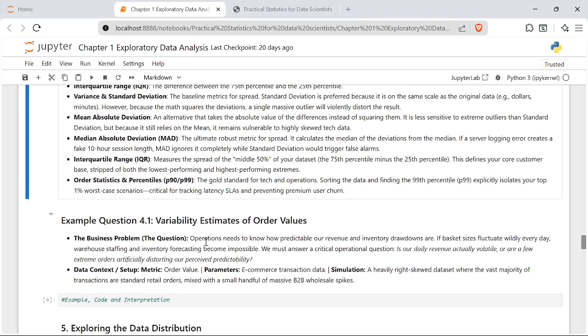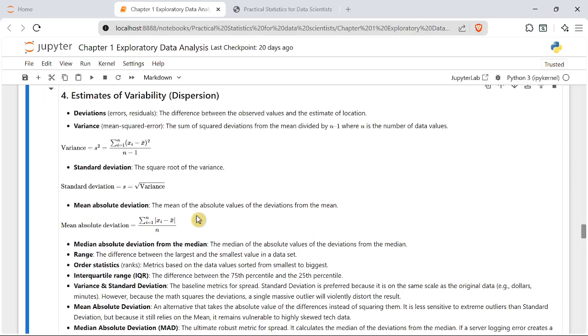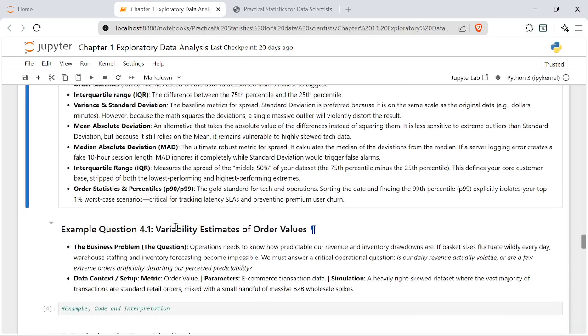So here is an example to understand estimates of variability: variability estimates of order values. If you are running operations for an e-commerce brand, predictability is everything.